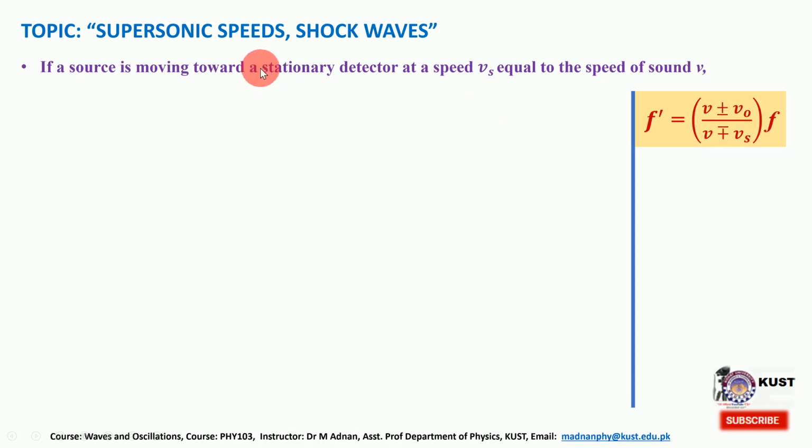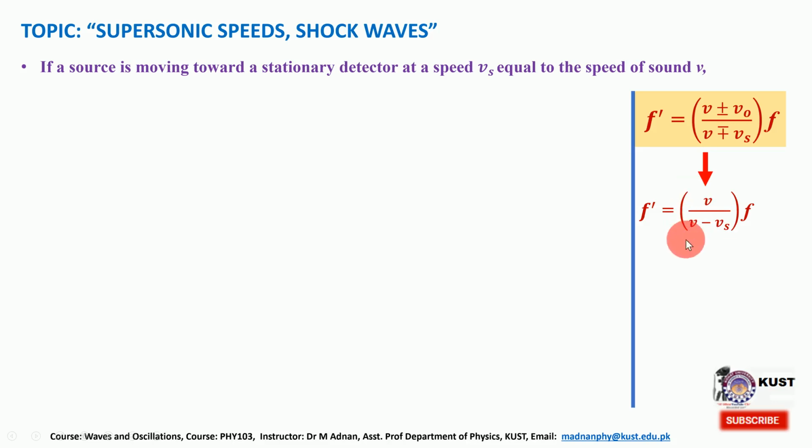Also, since we are saying moving towards the stationary object, in lecture number 23 we discussed that we will use this expression with V minus Vs. So if Vs is equal to V and the observer is at rest, then this equation will reduce to this form, where the source of sound has a velocity equal to the sound speed.